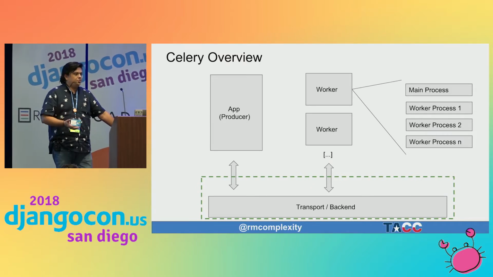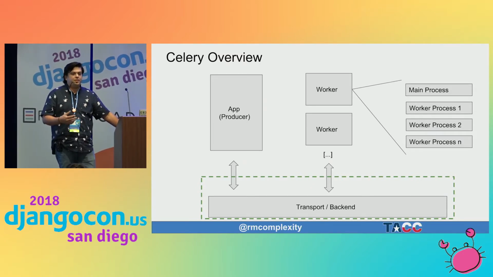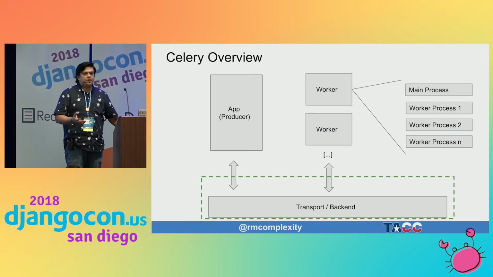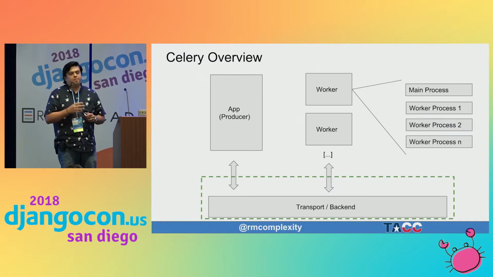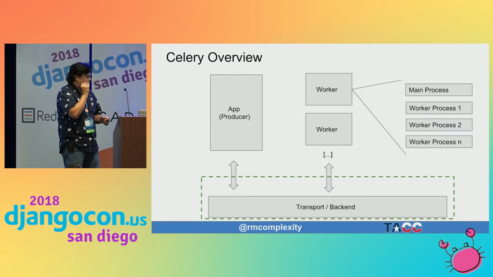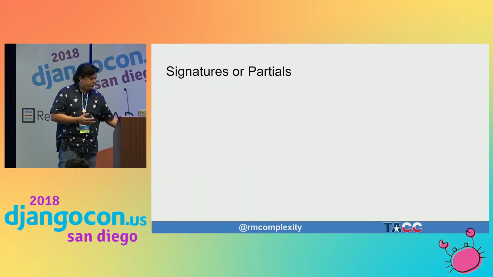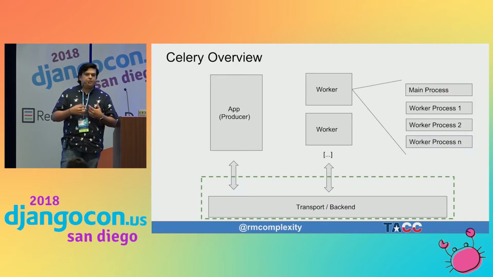There's also support for other types of transports, even a simple file transport. And we can also use a backend, which is what we use to save the different task results.